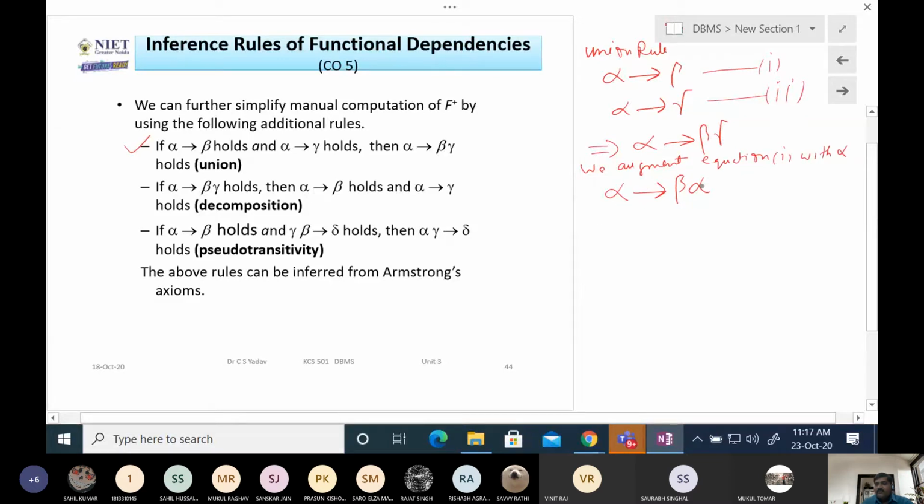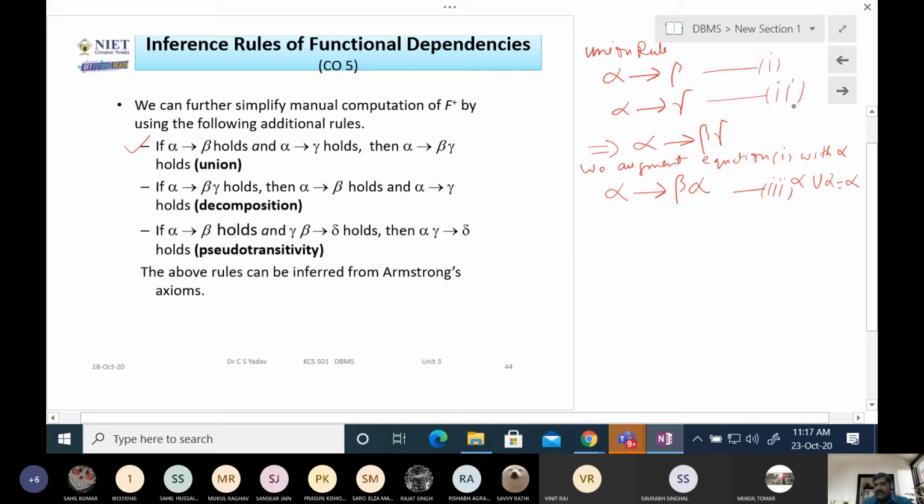Then alpha union alpha, obviously, is alpha. So here alpha, and then alpha determines beta alpha, and this is equation 3.